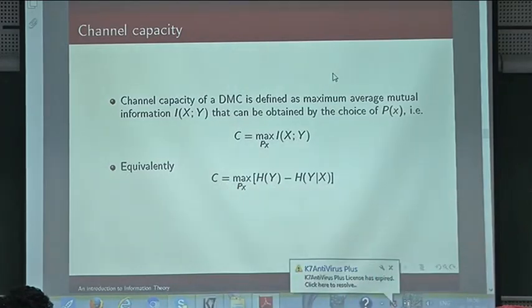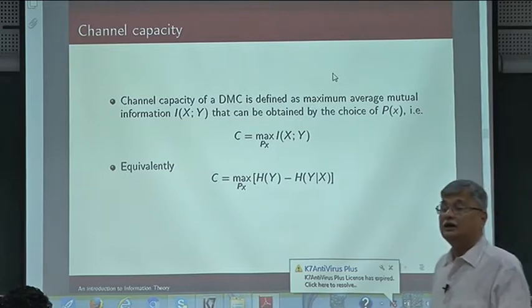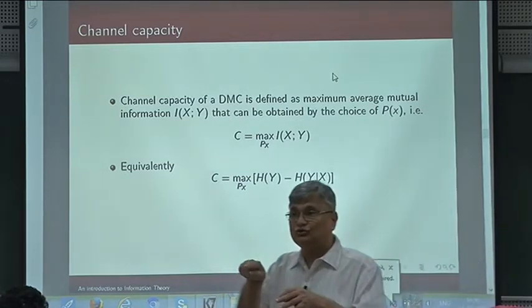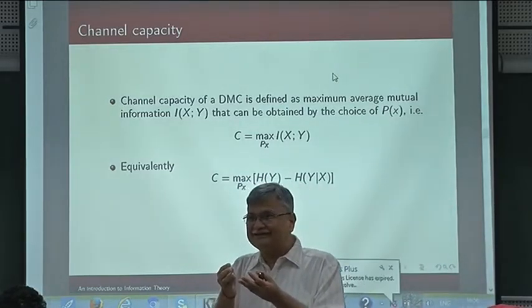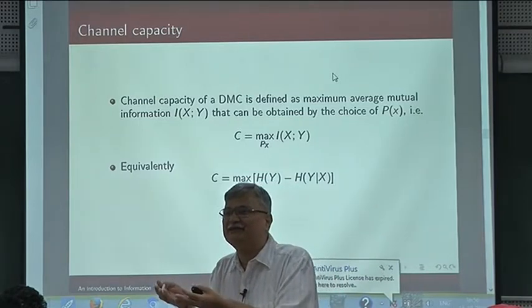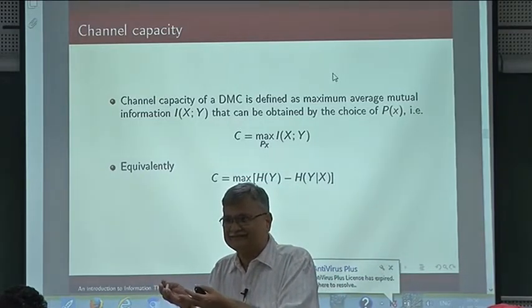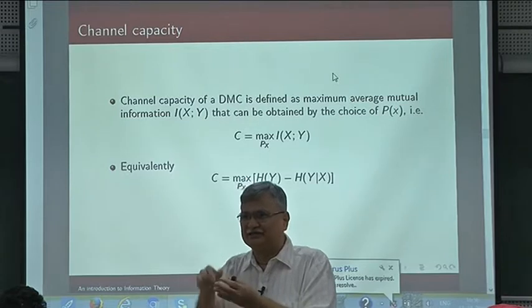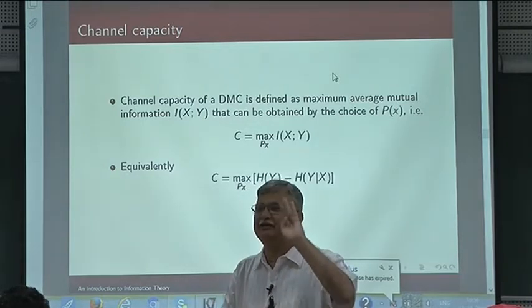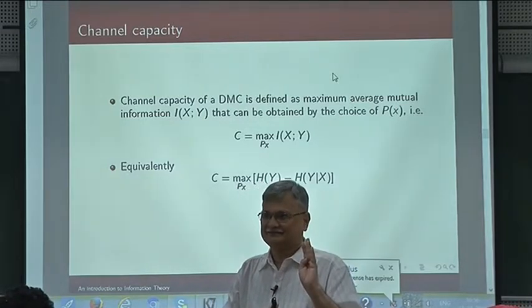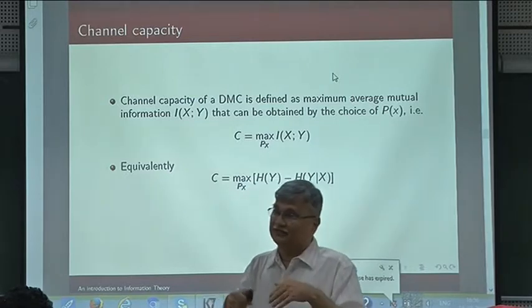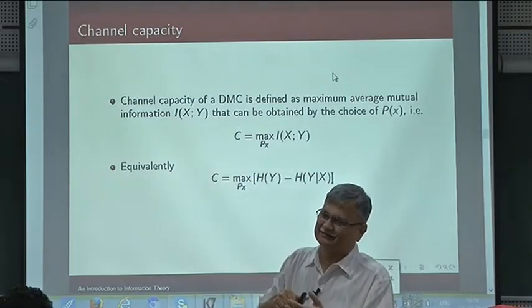You can also model it as a binary erasure channel. But when you talk of the Q function, there is no equivalent of erasure. You say either the bit is received correctly or incorrectly. So you can do that in a different framework.